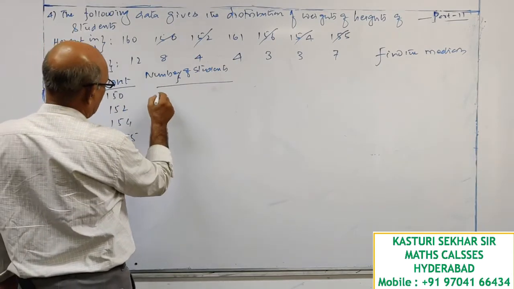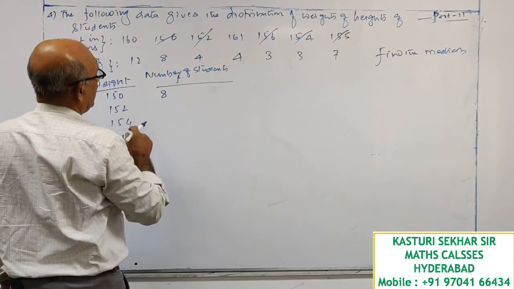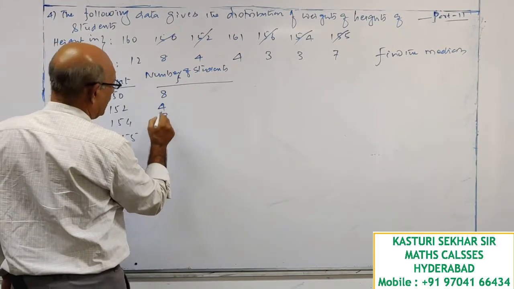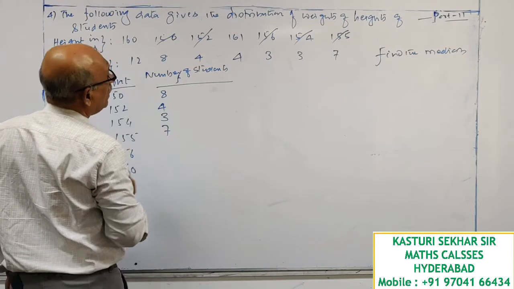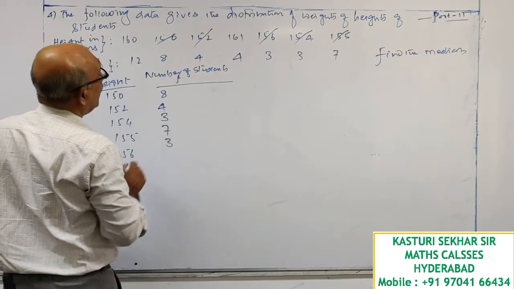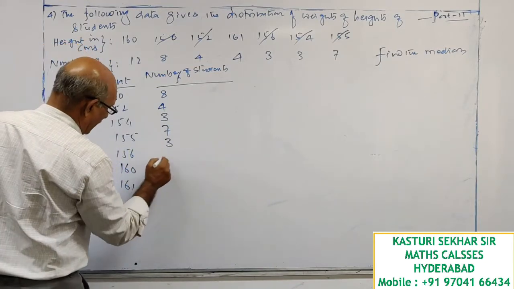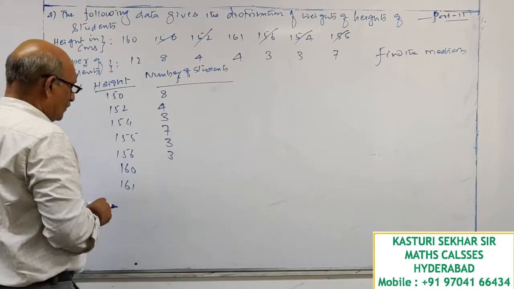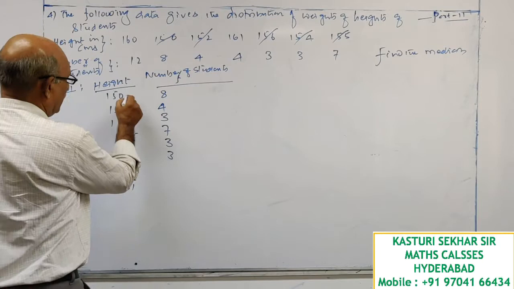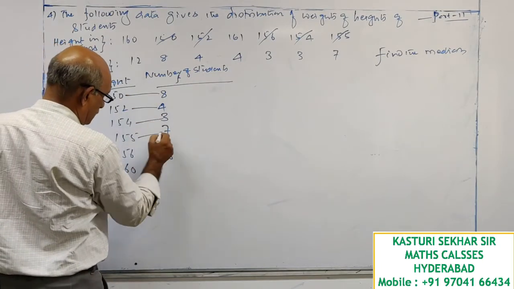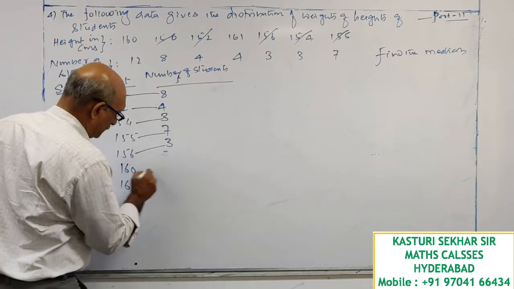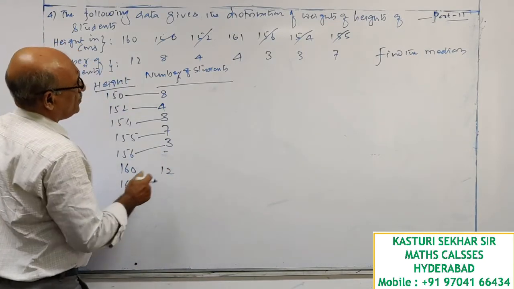So 150 corresponding frequency is 8. 152 is 4, 154 is 3, 155 is 7, 156 is 3. Sorry, 160 it is 12, 161 it is 4.